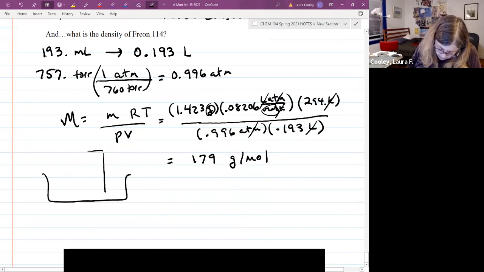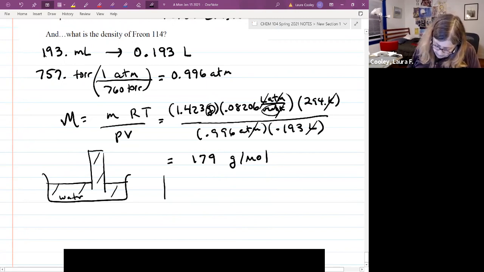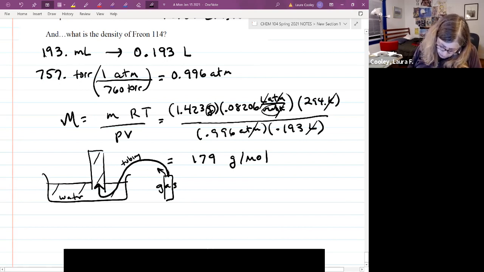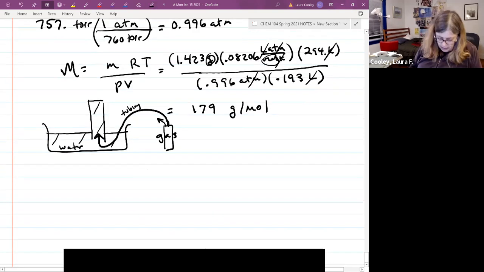Basically, this is all filled with water. And then I'm going to take a little canister of carbon dioxide, whatever it is, many different gases we're going to use. And I'm going to have a piece of tubing, and I'm going to dispense the gas through the tubing and into that pan.